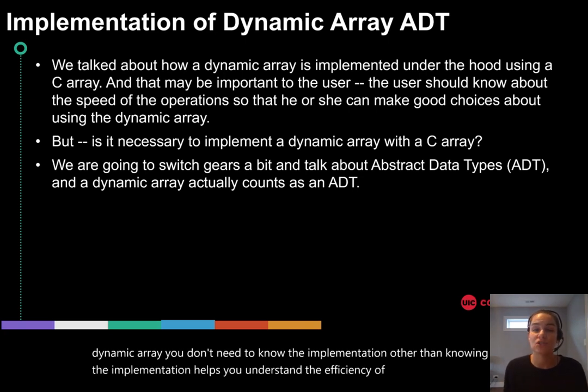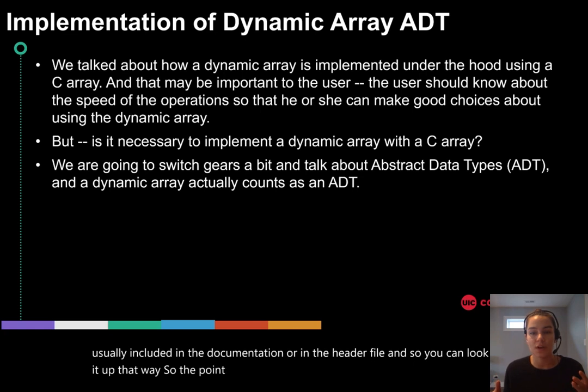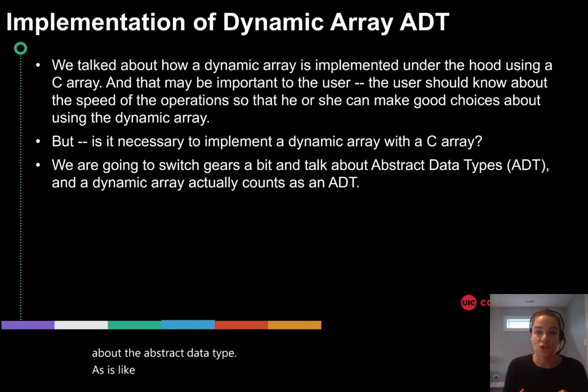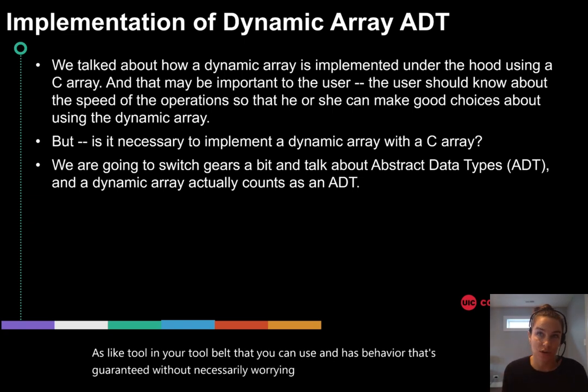But the efficiency is usually included in the documentation or in the header file, so you can look it up that way. The point is that we really want you to focus on thinking about the abstract data type as a tool in your tool belt that you can use, and it has behavior that's guaranteed without necessarily worrying about how it grows and shrinks, or how it keeps track of its size.